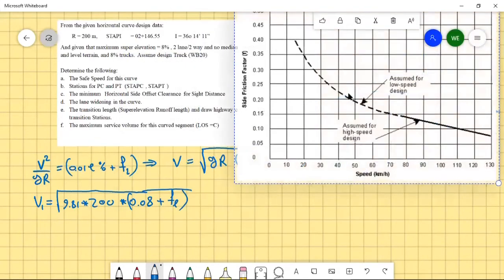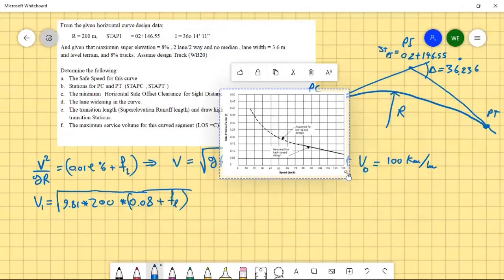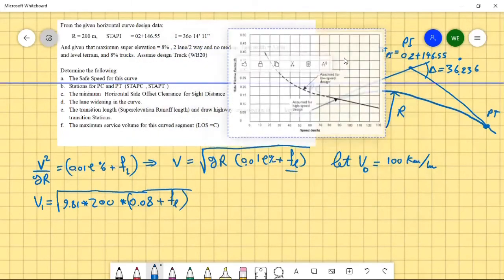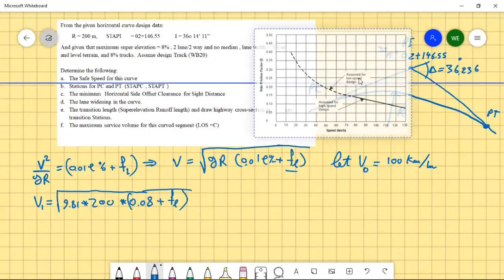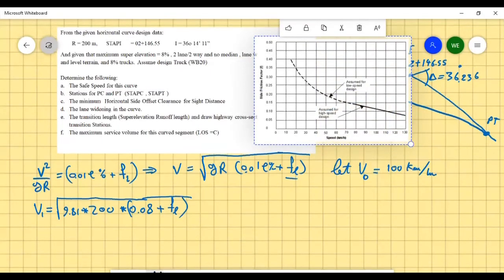If we assume it's 100, that's initial, so we have 0.12.